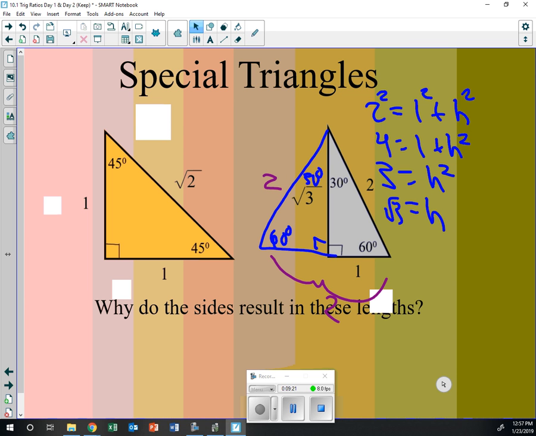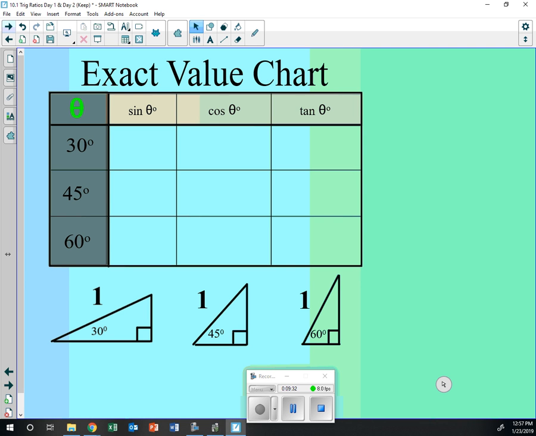So with these special triangles, we can set up the sine, cosine, and tangent for these special angles. And so for 30, 45, and 60, you're going to complete what we call an exact value chart. I'm going to give you a little help. This is 30, this will be 60.